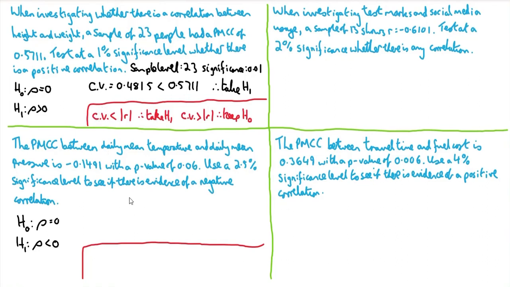In the second example, we're taking the significance level side of things. If your p-value is less than the significance level, you will take your alternate hypothesis because there is enough evidence. If, however, your p is greater than your significance level, then you will keep your null hypothesis because there's not enough evidence.